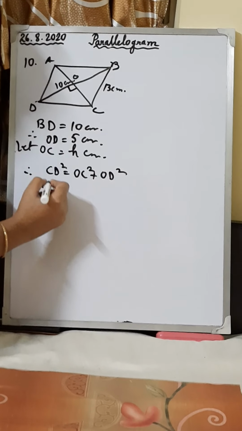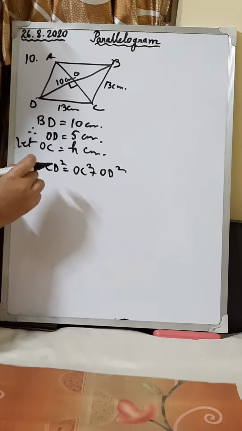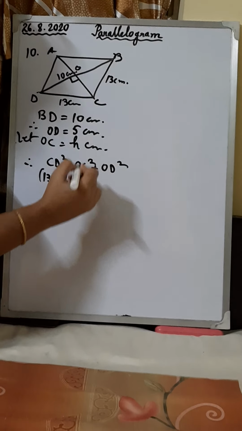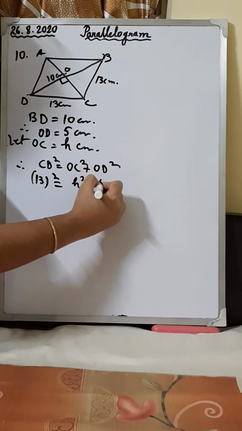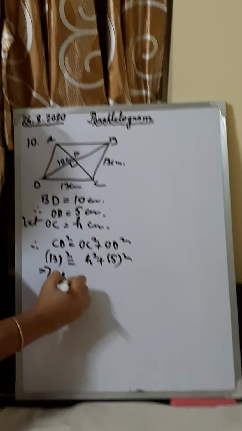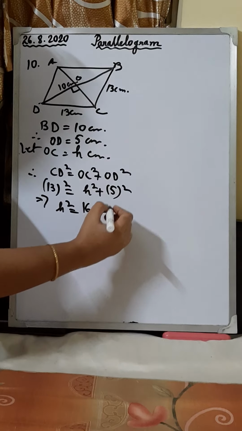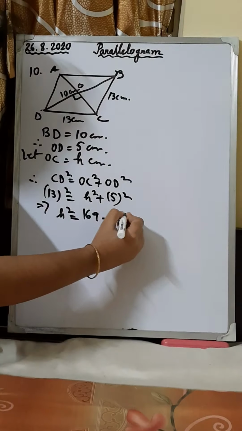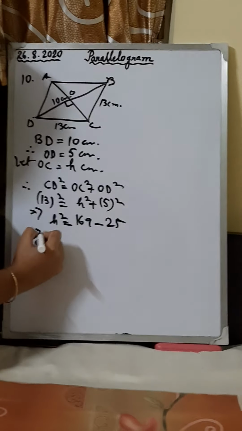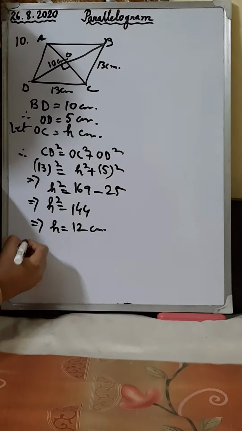CD is 13 centimeter, so 13 square equals OC square plus 5 square. 13 square means 169 and 5 square means 25. The side will be changed, so minus 25. So OC square equals 144, or OC equals root over 144, which means 12 centimeter.